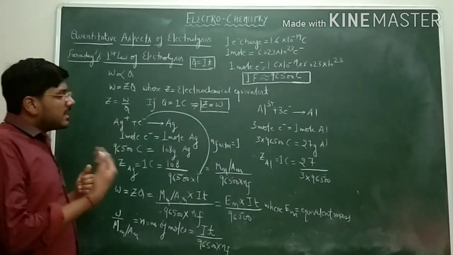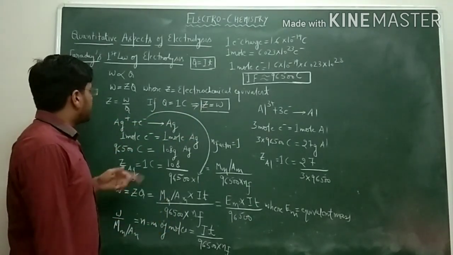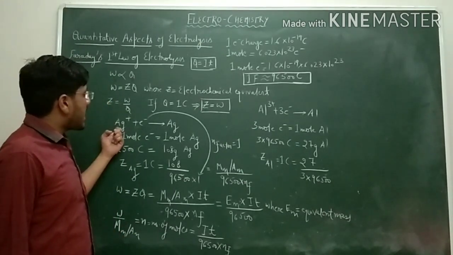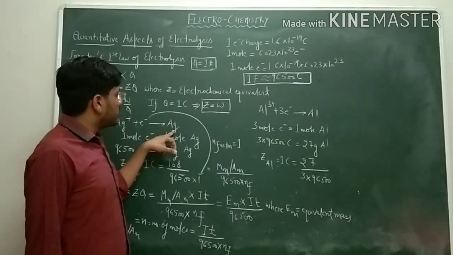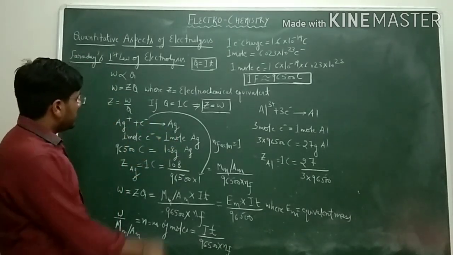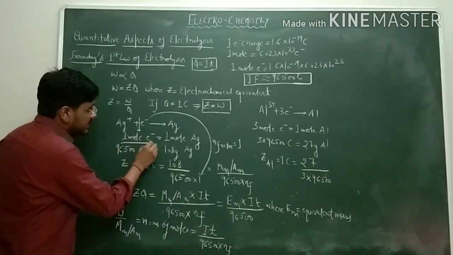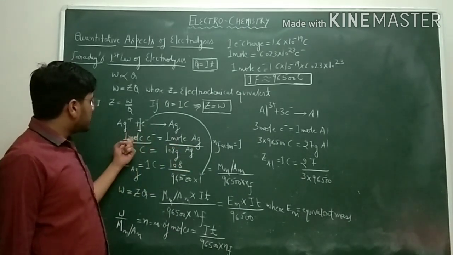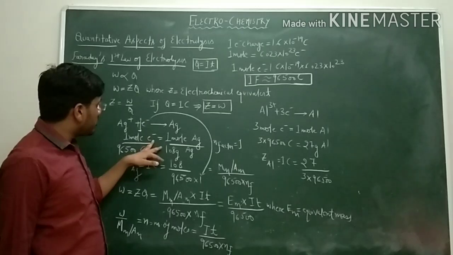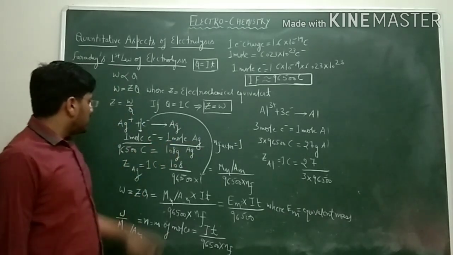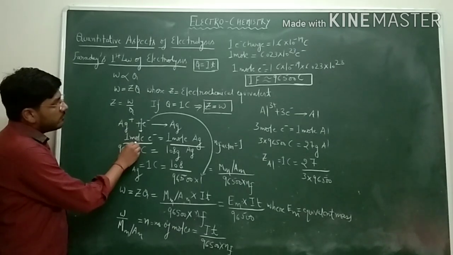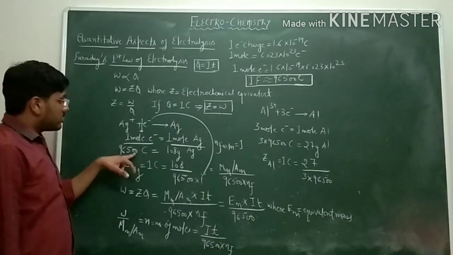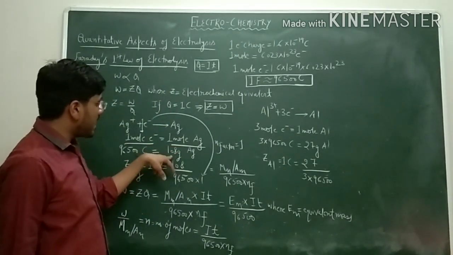Now we will make it clearer by taking an example. Consider the half-cell reduction reaction of silver ion, Ag+, which gains 1 electron to form silver. Here 1 mole of electrons produces 1 mole of silver, meaning on passing 1 mole of electrons we get 1 mole of silver. 1 mole of electrons carries 96500 coulombs of charge, and 1 mole of silver is 108 grams.